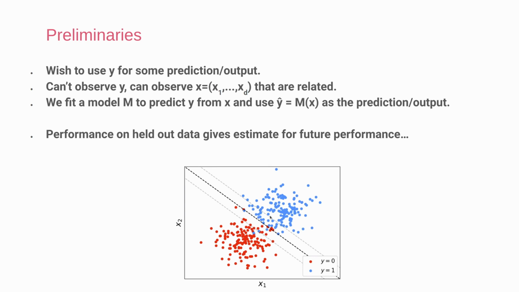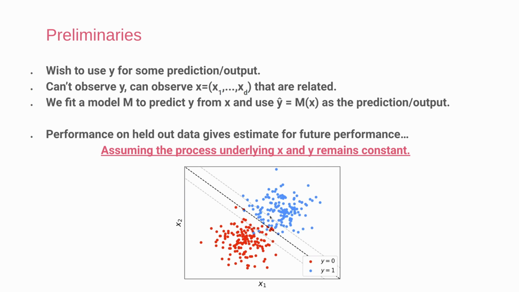But the problem is that's only true assuming that the process underlying the features and the target remains constant over time. And there are various reasons for which that might not necessarily be true in practice, which can cause a degradation in model performance.